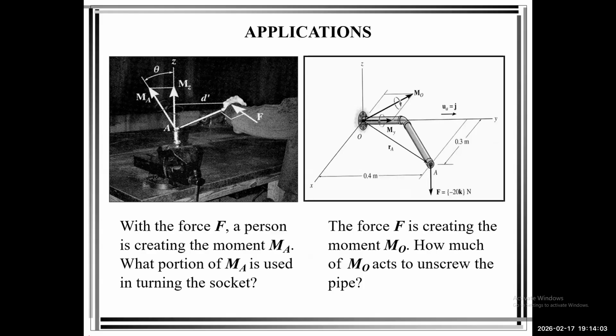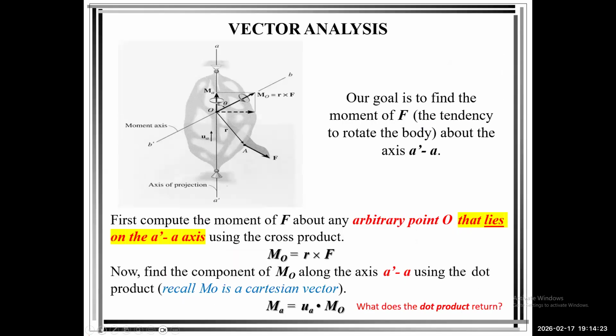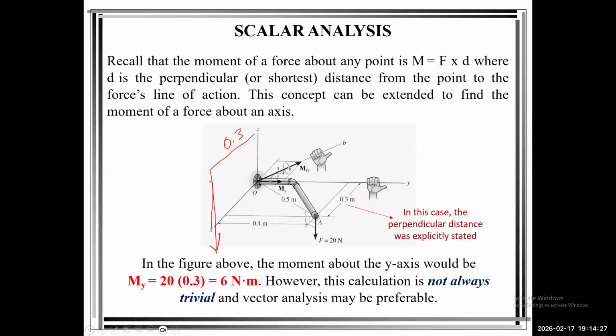So let's say, for example, that your moment is in the YZ plane. You know that it has to be in a plane that is totally perpendicular to it. Let's jump over here because that's just a diagram. We just talk a little bit about them briefly. Next one. So here, this is known as a scalar analysis.